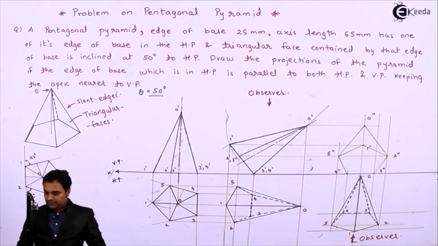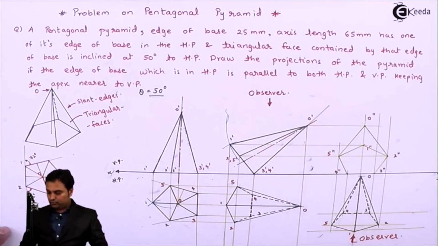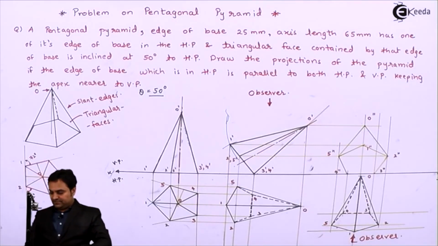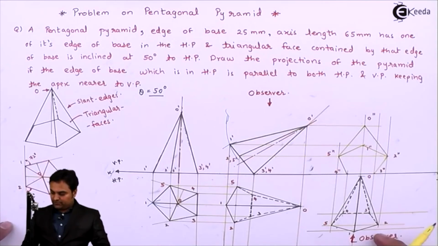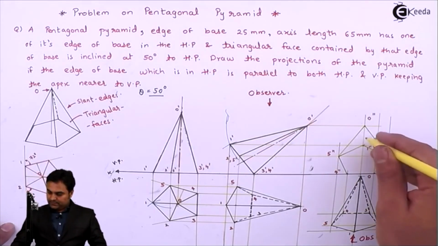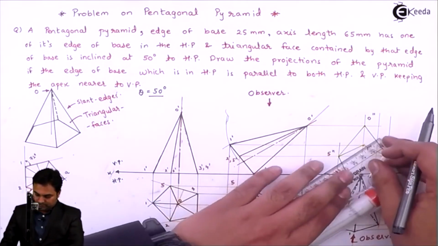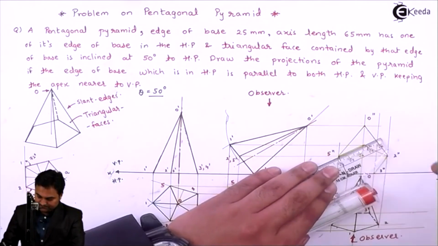Next, here if we see, there is an edge which is 4 to 3 and the pyramid is tilted in front of the observer. So in that case, first I'll draw the visible portion. The complete base edge is visible.